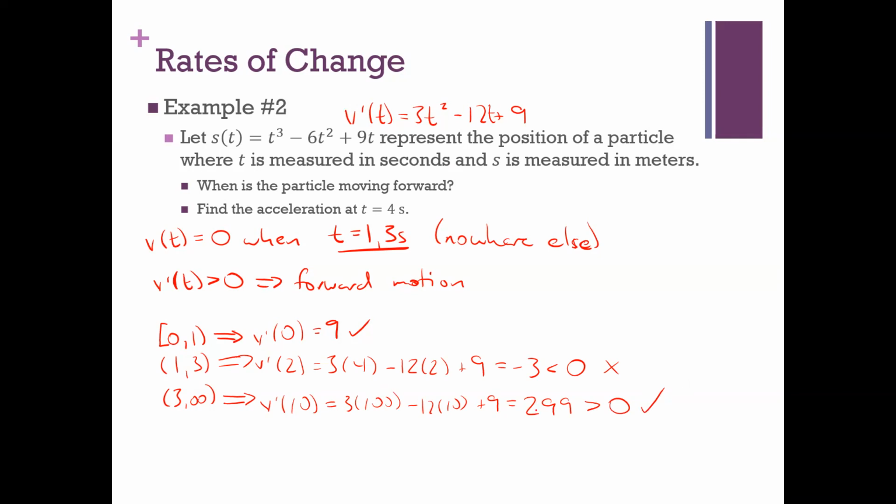Am I wrong? Right. So basically, it's moving forward when t is somewhere inside the interval between 0 and 1, united with 3 to infinity.